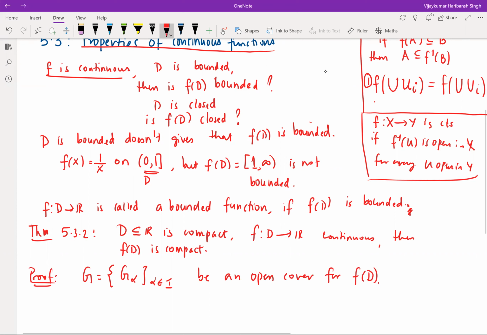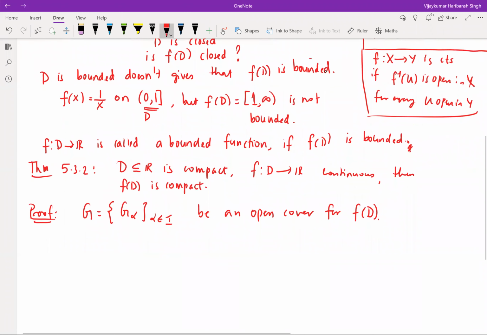We want to produce a finite subcover, right? So what we're going to do is take an open cover for f of D and pull it back. So here's the idea of the proof.